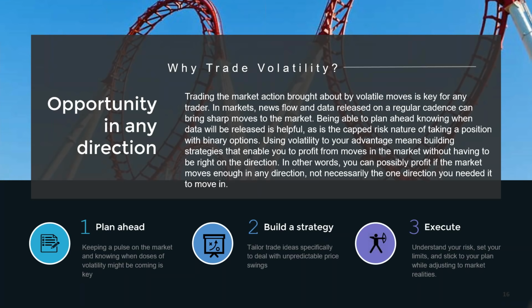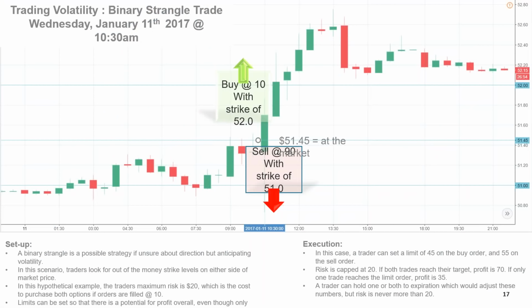Brexit obviously is going to have an impact on stock indices in Europe and the euro and the pound. So I'll look for those pockets of volatility based on my calendar and really map those out. Again, one that's consistent if you trade oil markets is the oil inventory report. So I really want to adhere to my three keys. I want to plan ahead, I want to build a strategy, and I want to execute.